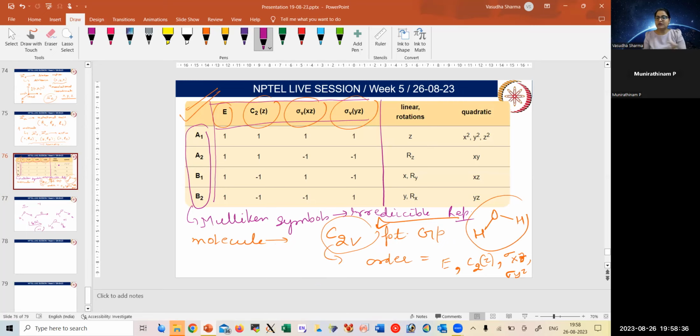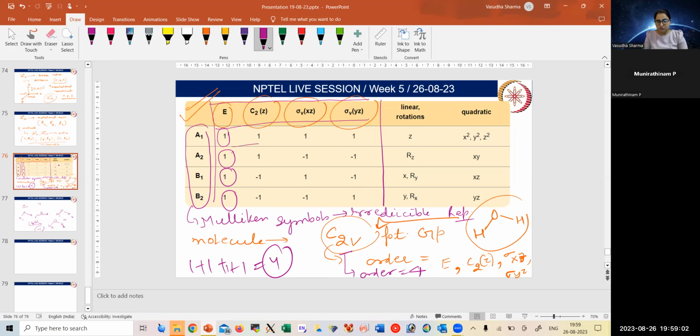And here we have to make combinations in such a way that the total order should be 4. If I combine column-wise 1 + 1 + 1 + 1, it is giving me 4. And we know that C2V order is 4, which is nothing but the total number of elements. And whatever combinations I'm taking, that should also give me the same.